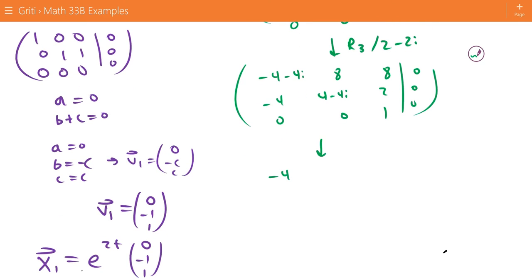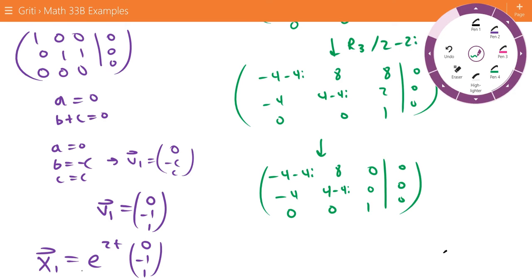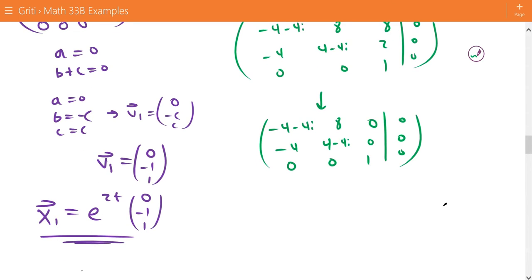I won't show the exact procedure for that, but that's just how this row reduction works. So that tells us right away that our third component of the vector is going to be 0. Now we just need to find the first and second components.